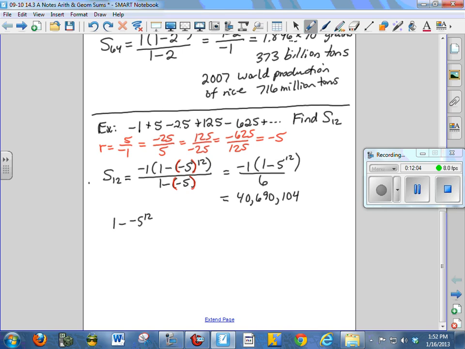and you'd thought, oh, the negatives cancel out, or maybe you just entered it in your calculator without parentheses, you would have ended up with, incorrectly, negative 40,690,104.3333.